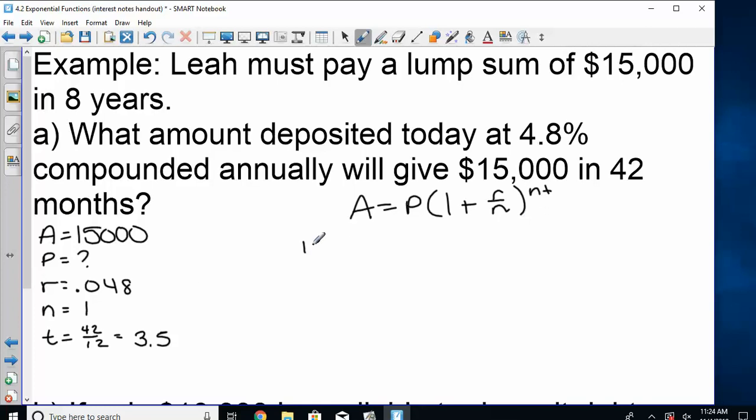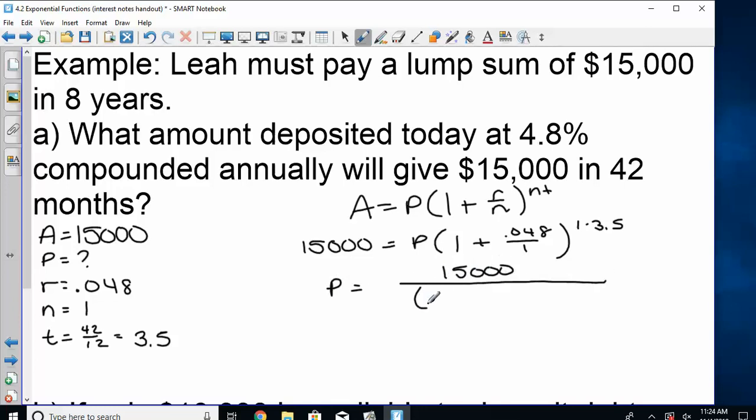So my A is 15,000 equals P, which I don't know, times (1 plus 0.048 over 1) to the 1 times 3.5 power. You are welcome to work this out. I'm just going to divide. I'm going to do it all in my calculator at once. So I'm just going to do 15,000 divided by this. And like I said, you could do a lot to simplify that if you wanted.